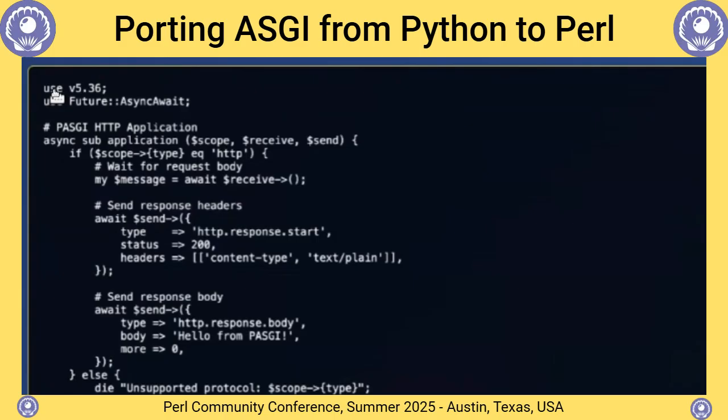More means more, zero means nothing more. So if you ran this application, you would simply expect to see hello from PSGI when you hit it. But one thing that's cool here is that you can say more equals 1 and continue to stream. I'll give you an example of that when we do the code example.